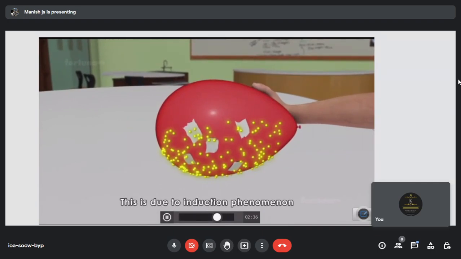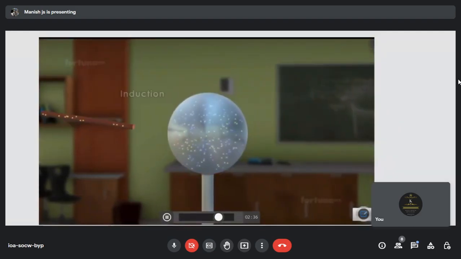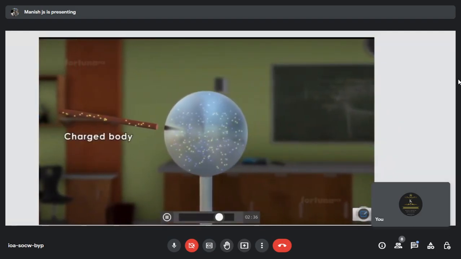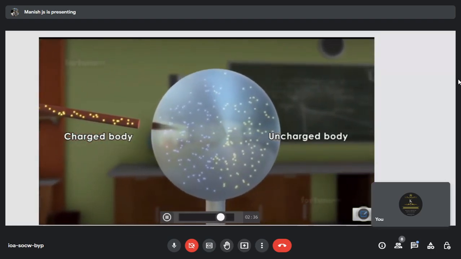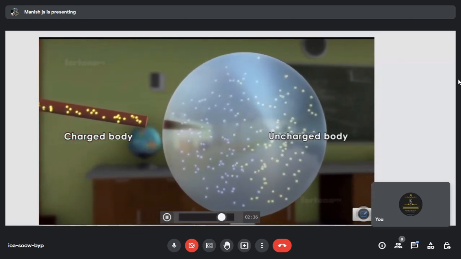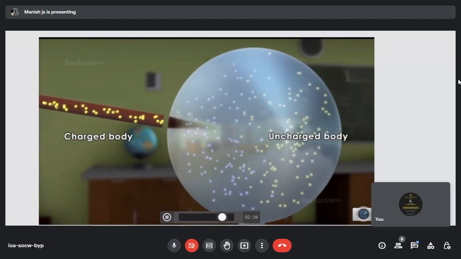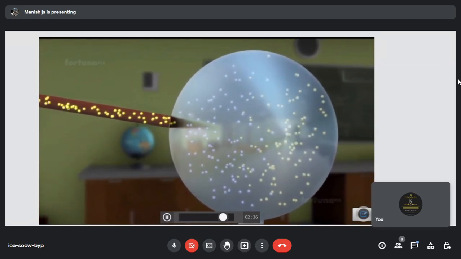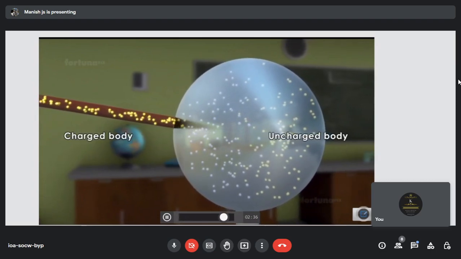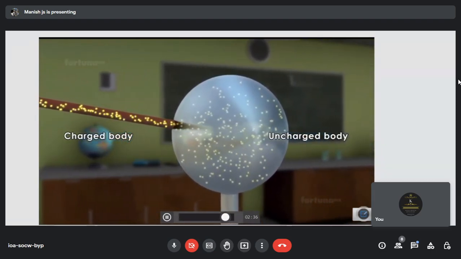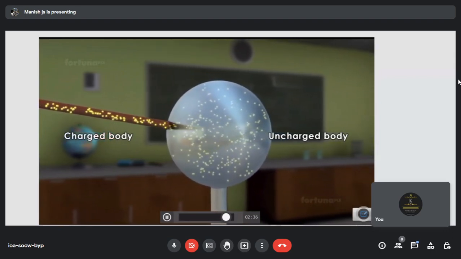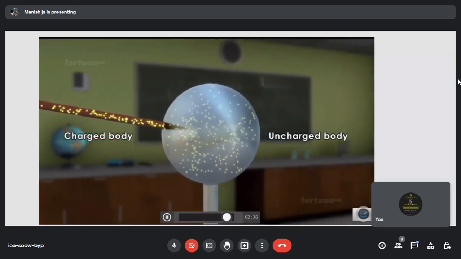This is due to induction phenomenon. In induction, when a charged body is brought near an uncharged body, the uncharged body acquires charge temporarily. In conduction, however, an uncharged body gets charged due to the sharing of charge between the charged and the uncharged bodies when in contact with each other.